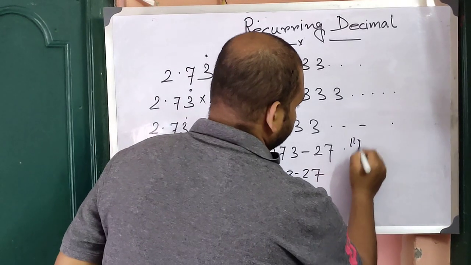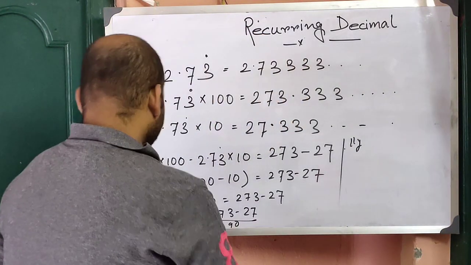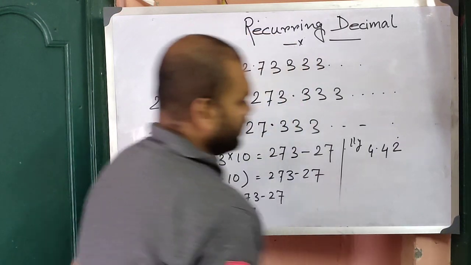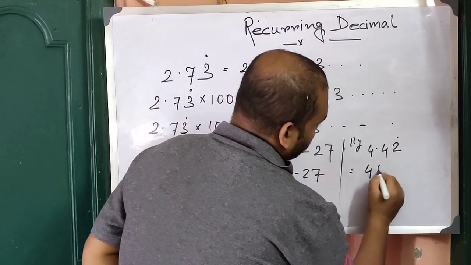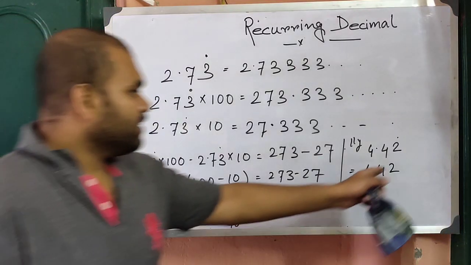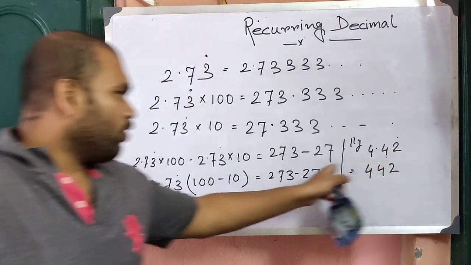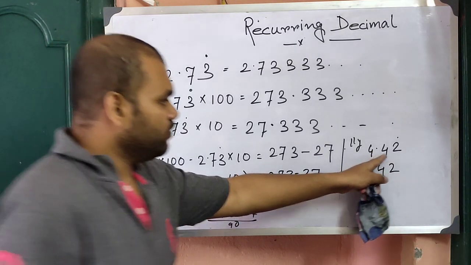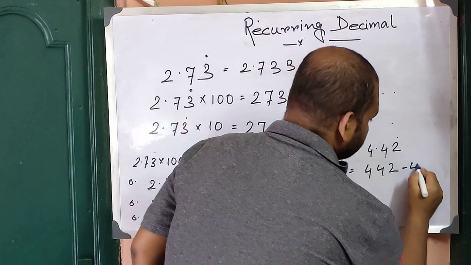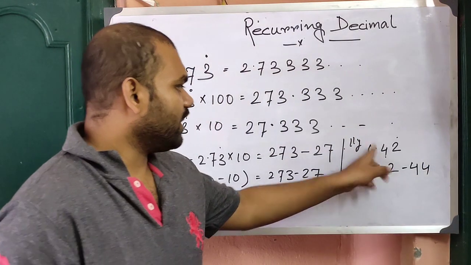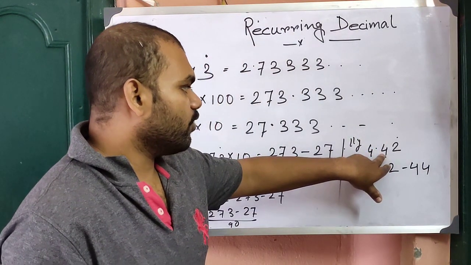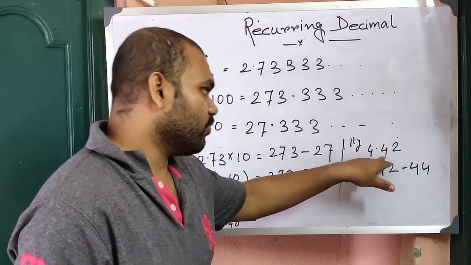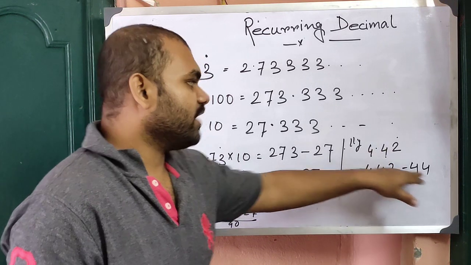Similarly, you can write down in case of a number like 4.42 recurring. In this case write the whole number 442, then without the recurring part write all of the digits, because here it is not 0, so you need to write 44. In the previous case, if you only write, suppose, 0 and 4, 04 and 4 are the same, so you can write only 4, but in case of 44 you need to write 44.